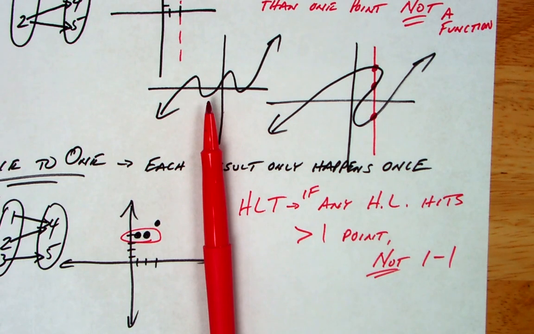Okay? What if I was looking at the weight of 3 books? Is it going to be a function? Yes, because it's 3 books. It's going to have a certain weight. Is it going to be one-to-one? Yeah. Will each weight happen only once?